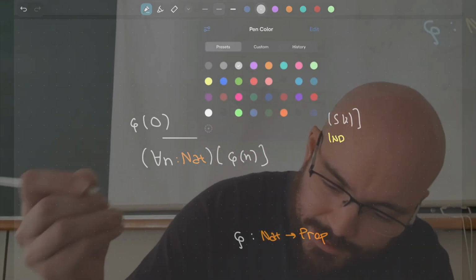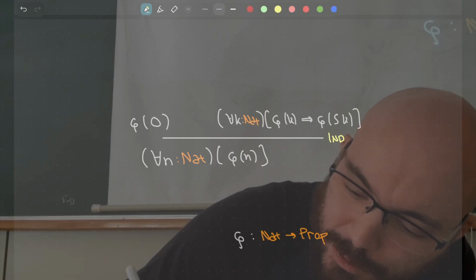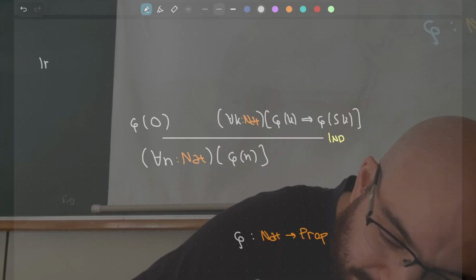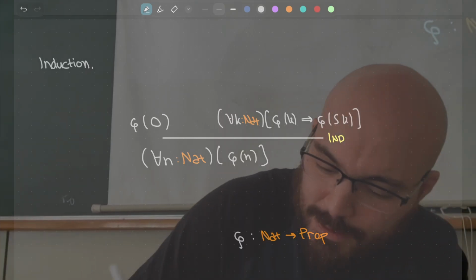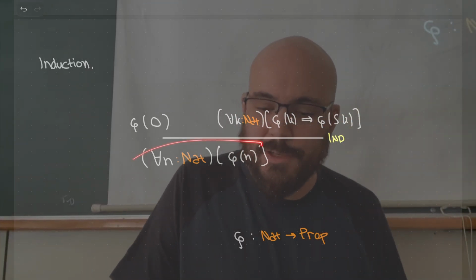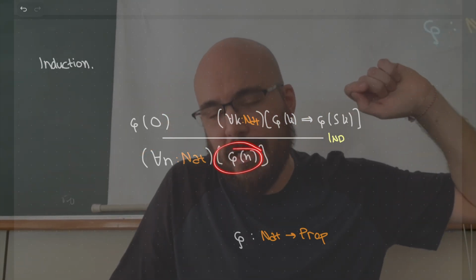So in the language that we're developing, I'm introducing a new command which is called induction. Just induction, full stop. It is only executable if your goal has this form: for each natural number n, something happens.